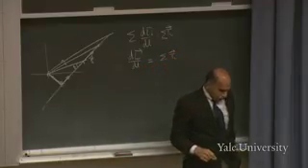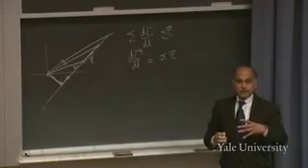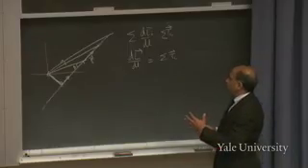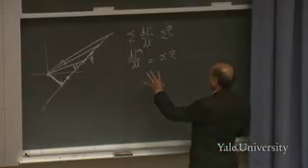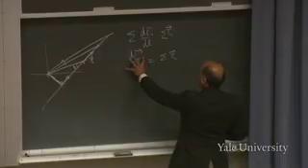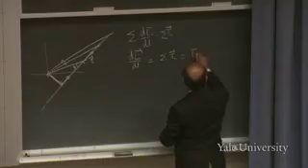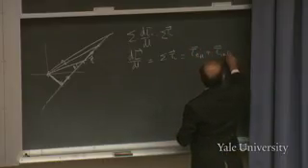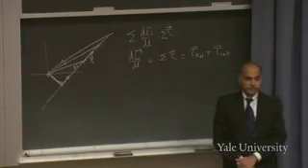Now, the total torque on that rigid body made up of many point particles, even if it's not a rigid body, just take a bunch of bodies moving around and find the rate of change of total angular momentum. That's the sum of the total torques. You can divide the torque into the external torque and the torque internally due to the forces of one part of the system on another part of the system.